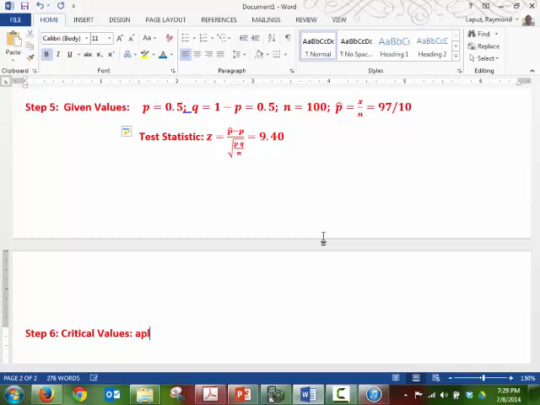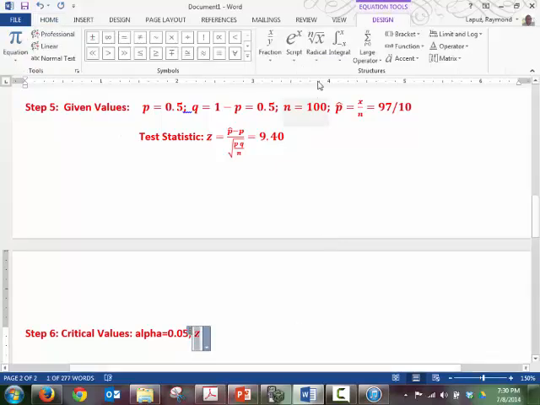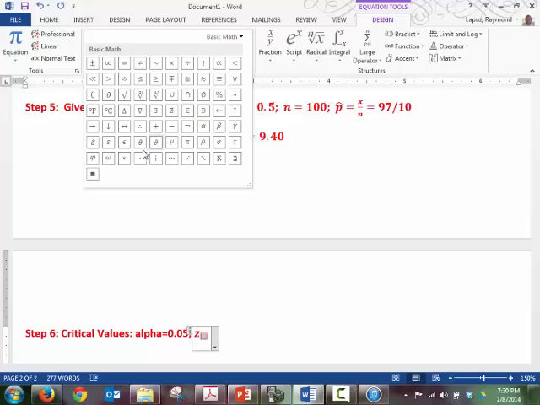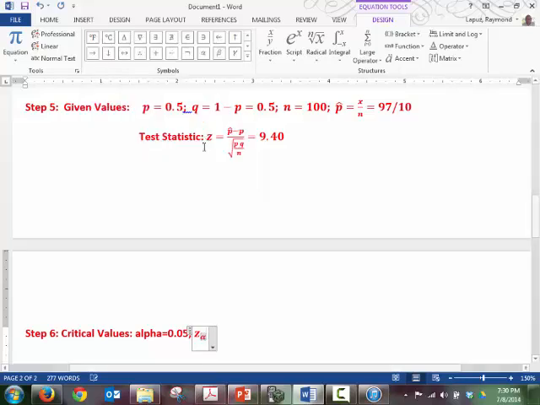With alpha as 0.05, we have our critical values z of 1.96. Remember that number that kept on popping up all last week? 1.96.